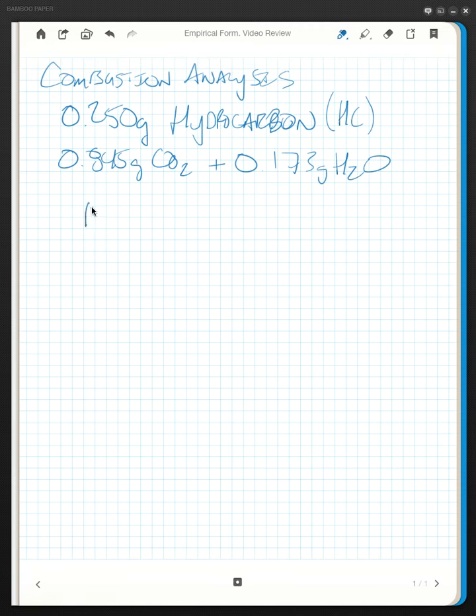Your formula for this would be some hydrocarbon CxHy plus O2 would yield CO2 plus H2O. And so your oxygen for your carbon dioxide and water would come from oxygen in the air. So the question is always, what is the empirical formula?